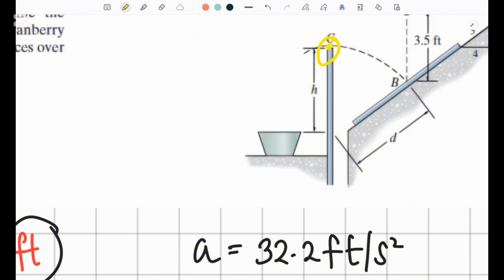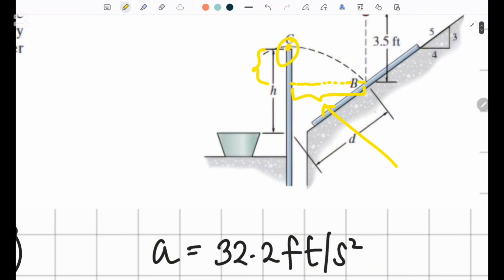But let's see. What you can do is draw a straight line from point B like this, and you can find this distance in terms of D, right? And you can find this distance in terms of H and D, because using 5, 4, 3 you could find the horizontal and vertical distance.